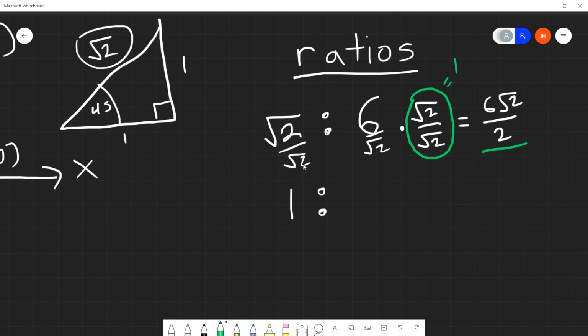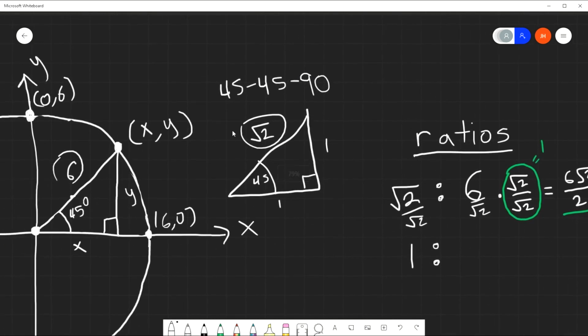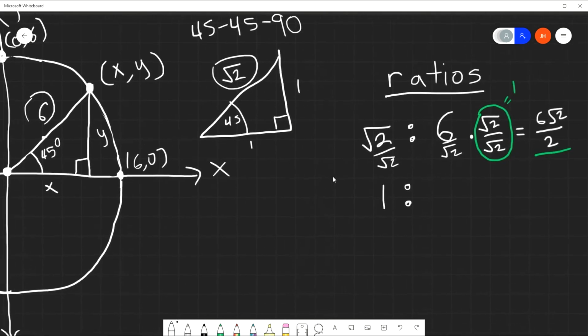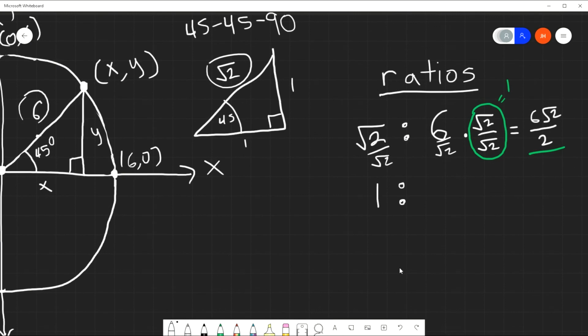So guys, what we see is that essentially the ratio from my standard 45, 45, 90 triangle to my one here in this example is 1 to 6 root 2 over 2. Now I could evaluate that with a calculator, but I'm going to leave it in this form because I like square roots.